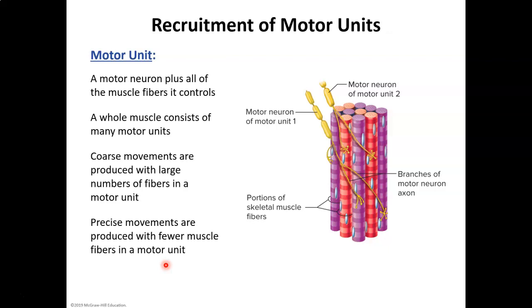So you need power, the motor units are going to be very large numbers of muscle fibers. Precise or very controlled movements need motor neurons with very few muscle fibers. So we would say that precise movements are produced with fewer muscle fibers in a motor unit.